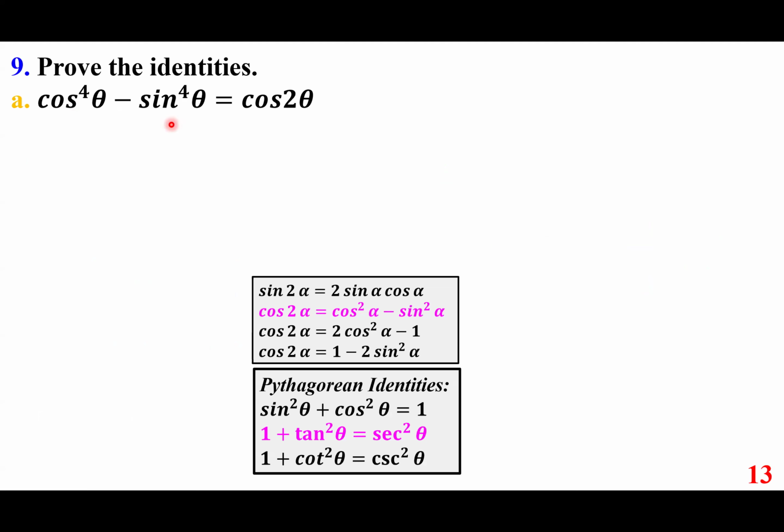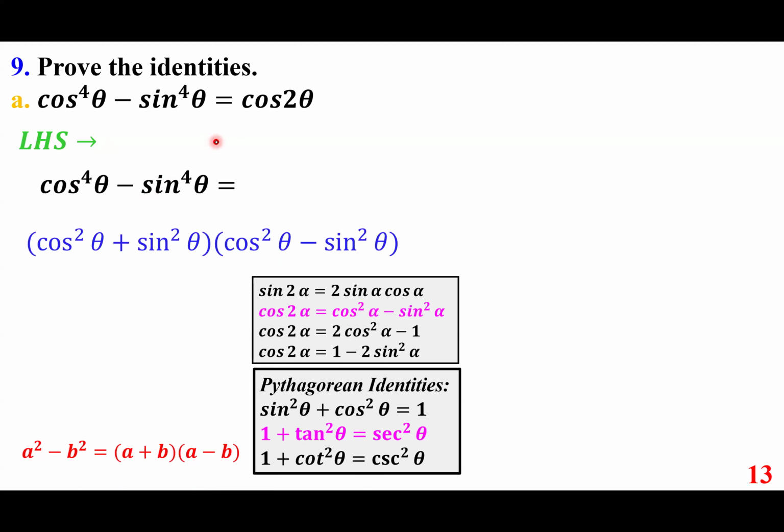All right, prove the identities. Cosine to the power of 4 theta minus sine to the power of 4 theta is cosine 2 theta. We start with the left-hand side. I want to remind you that this is a squared minus b squared, and a squared minus b squared is a plus b times a minus b. So this is cosine squared, squared minus sine squared, squared. So we have cosine squared plus sine squared times cosine squared minus sine squared, using this identity.